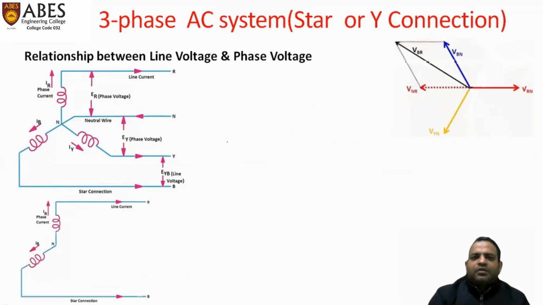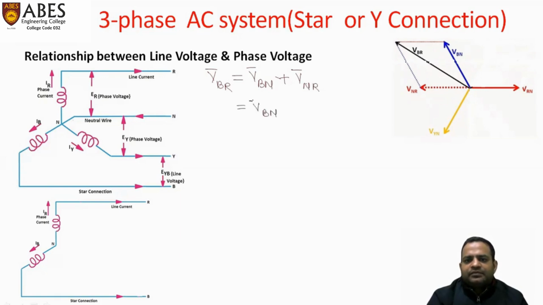Similarly, we are talking about our third voltage, VBR. First of all, we are taking VBN and VNR. We are reversing the second vector: VBN minus VRN.